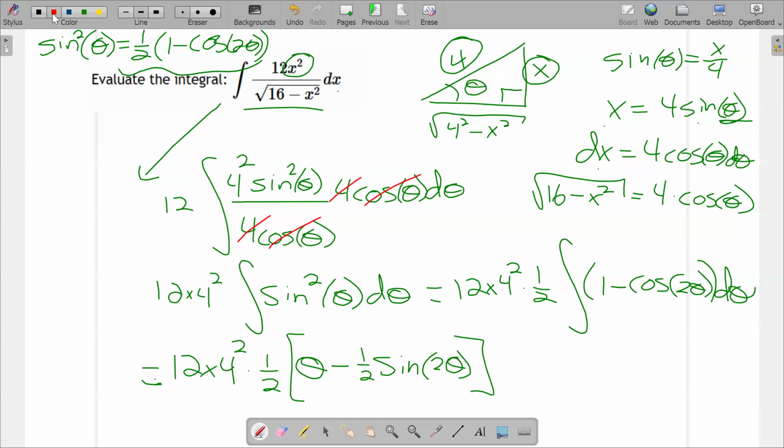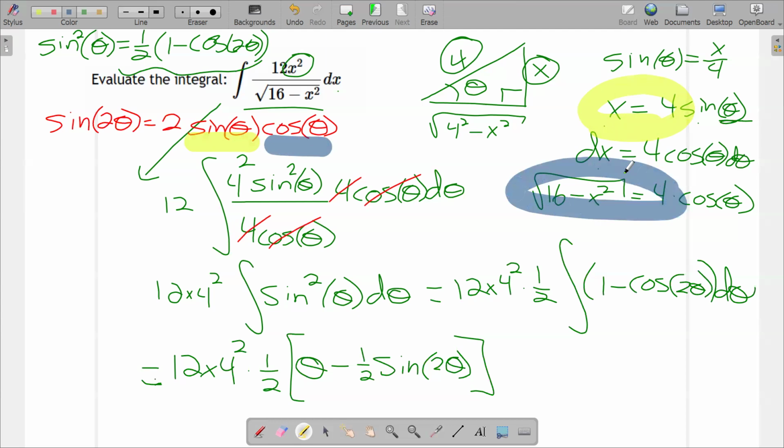I'm going to put that up here in red, that the sine of 2 theta is twice the sine of theta cosine of theta. And I know sine of theta is related to x. And I know that the cosine of theta is related to the square root.